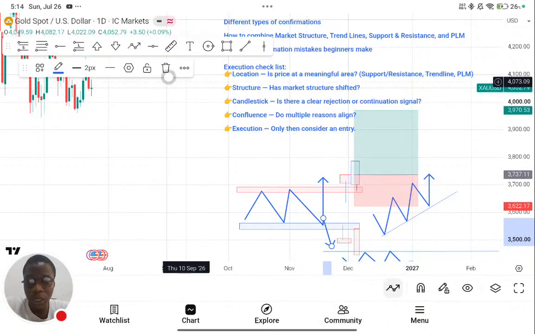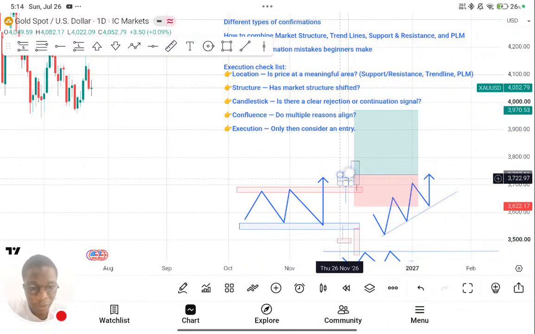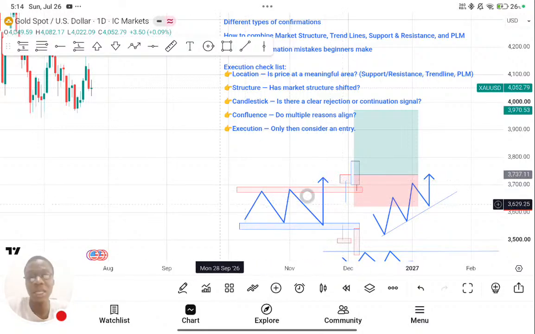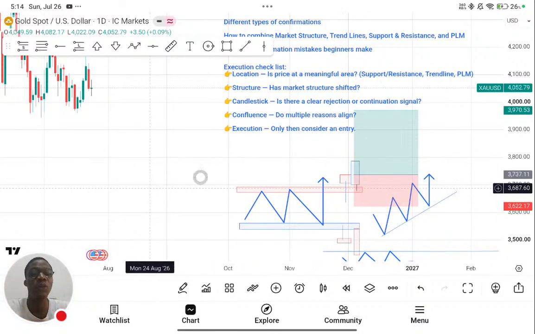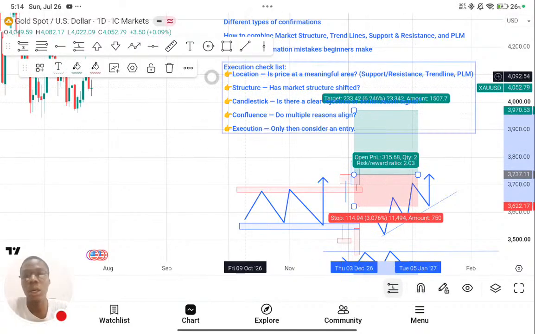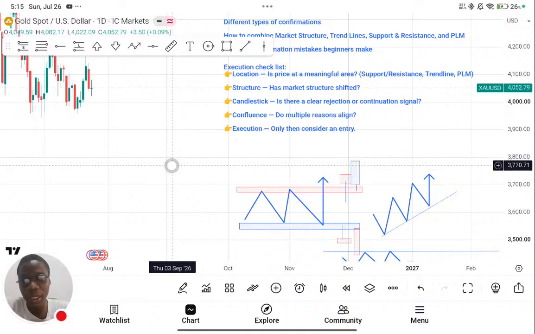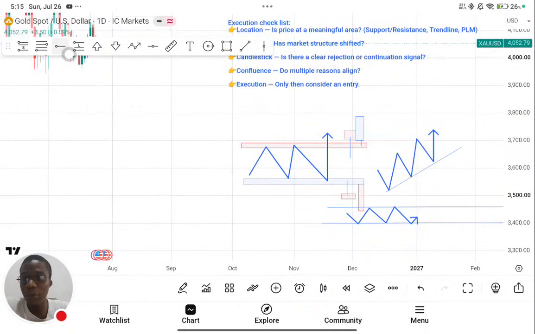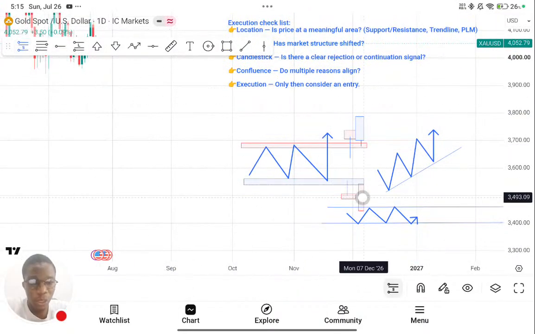So when you see this bullish engulfing, the interpretation in English is that the bulls have taken over, and subsequently you'll be seeing buys. And when you see the bearish engulfing candle, you sell from this zone downward.